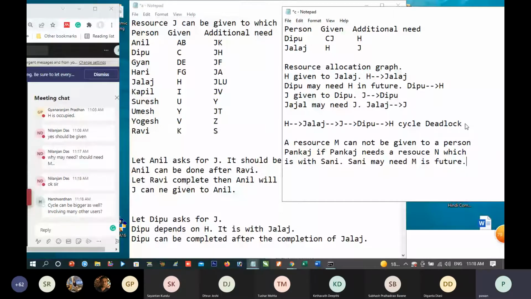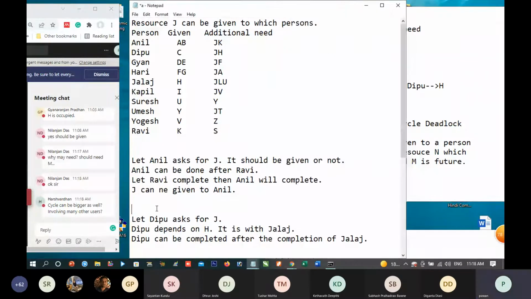That is correct, Harshvardhan. You are fully correct.